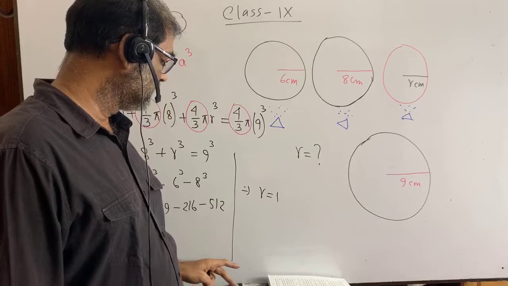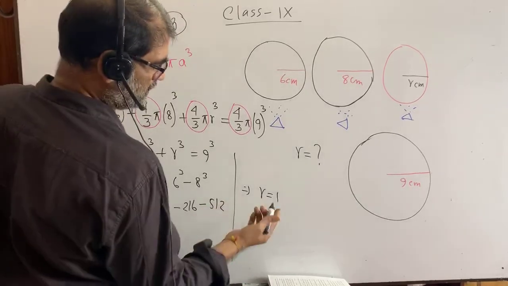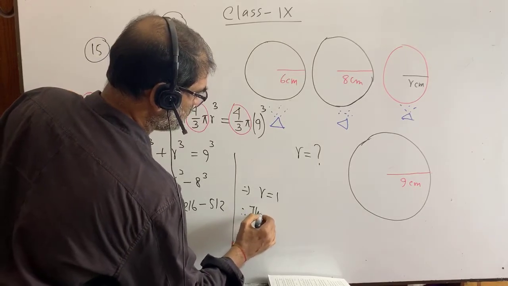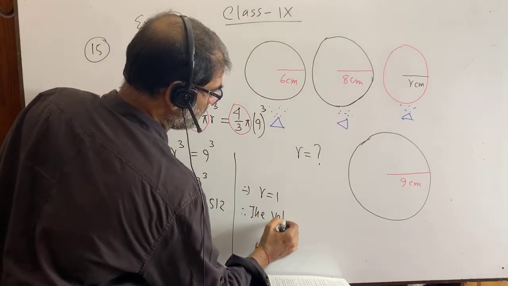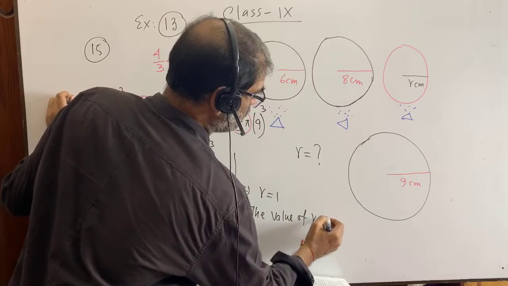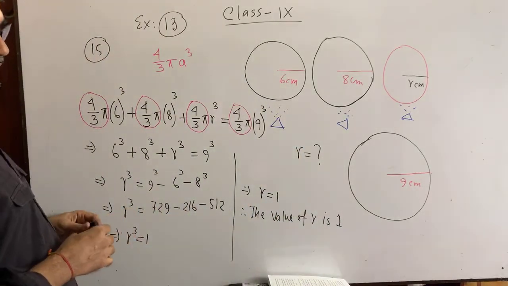So we have to find the value of r here. You see, r equals 1. Write down, therefore, value of r is 1. Don't write down centimeter here.